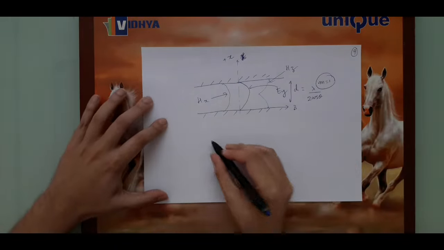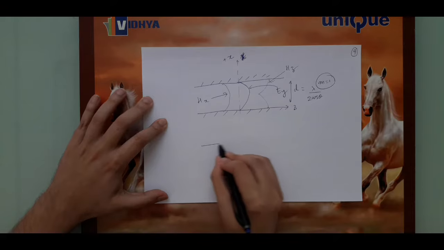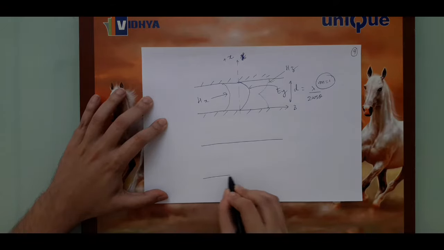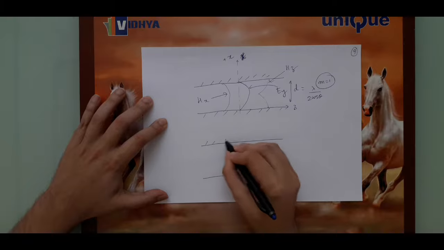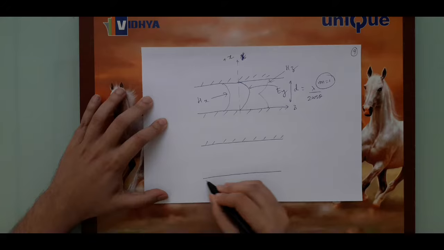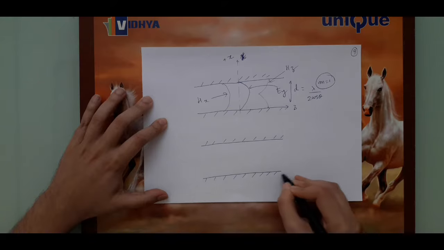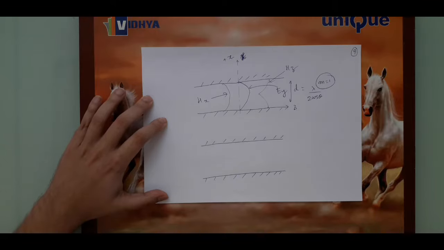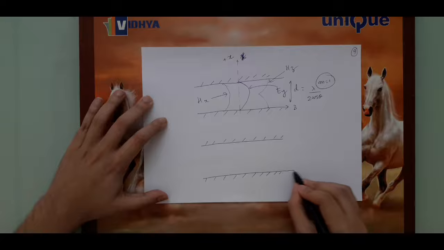So now let's not lose track of what we started with. We started with the bottom conductor. This is the Z direction.